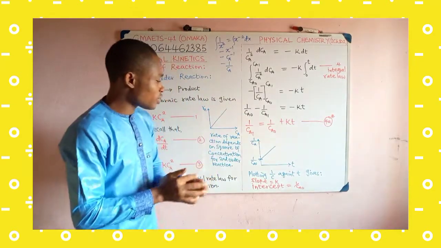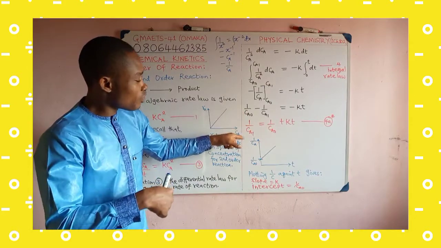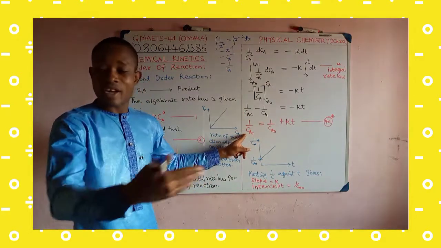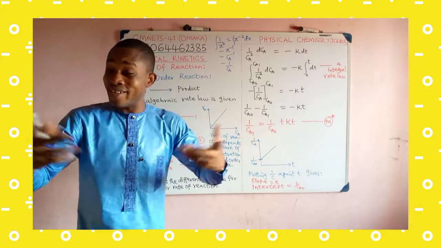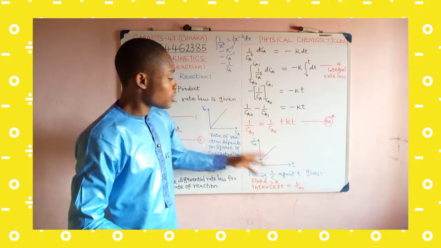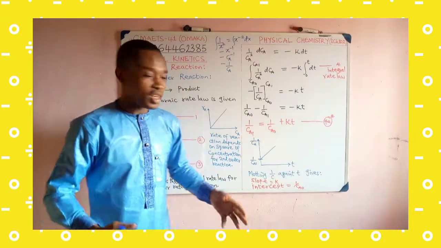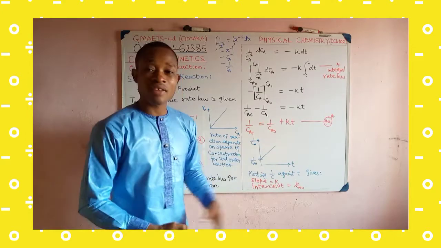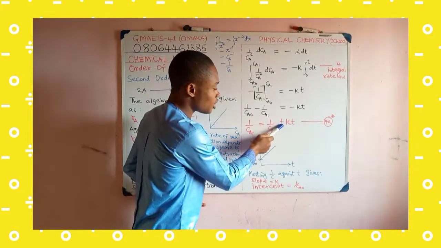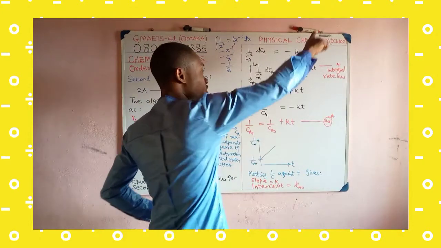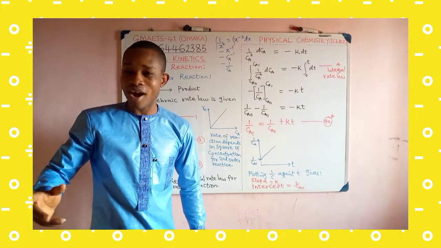It's very important. If you graph 1 over the final concentration, that is 1 over concentration at any point in time, if you plot it against time, the graph you're going to get will be a straight line graph. And because this K is positive here, it's going to be a positive curve, like a supply curve, right?